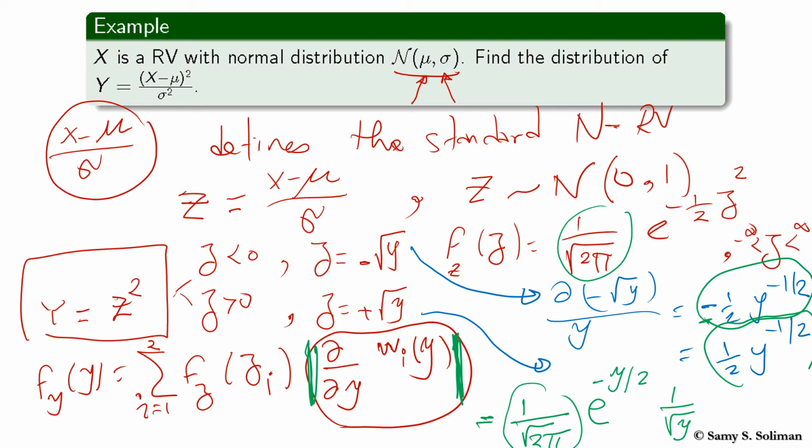The other term has the same value, and when we do the summation, the half is cancelled and we get this relation. Of course, we have to define the range of y. Since y is equal to z squared, y is positive and larger than or equal to 0.